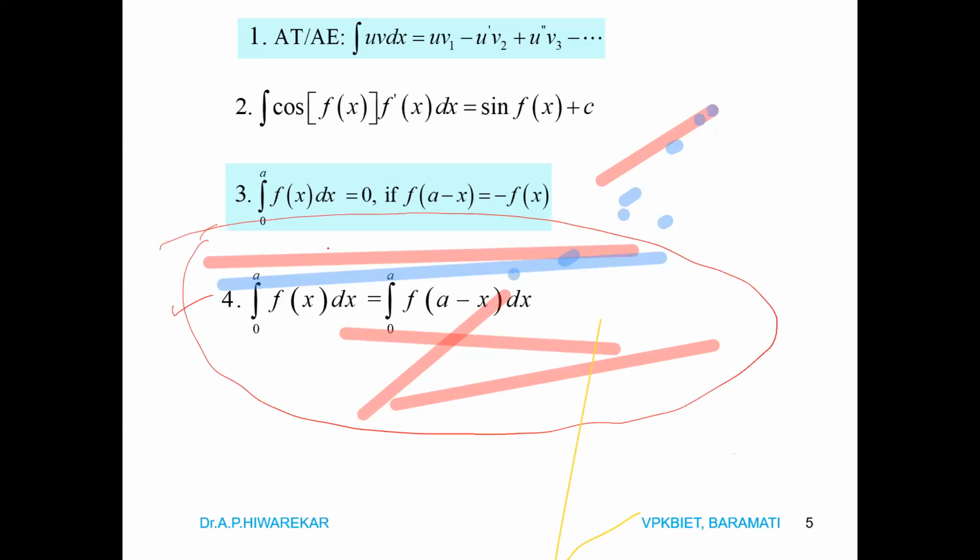This particular formula is very important, and many times we use it while evaluating. So e power plus or minus ix is cos x plus or minus i times sin x.